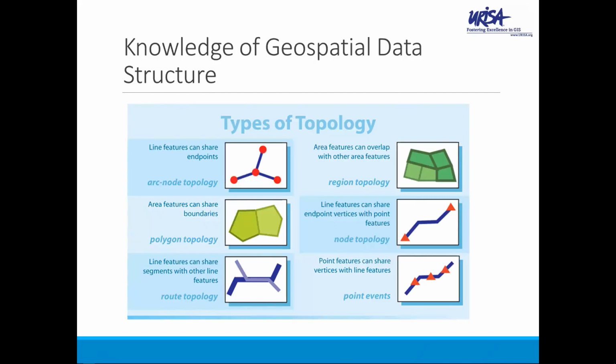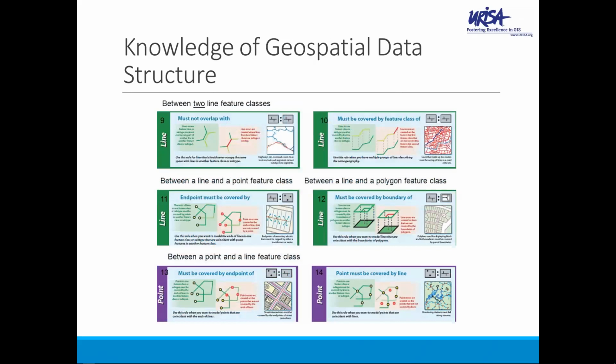The first example on a slide here are the various types of topologies that are available, and these are some of the ones that are inside of ESRI topology rules. So what is an arc node topology versus a region topology? Point events, route topologies. There's a whole bunch of different topologies, and what usually happens in this case is we end up with a bunch of rules that help us define that topological structure inside of our database.